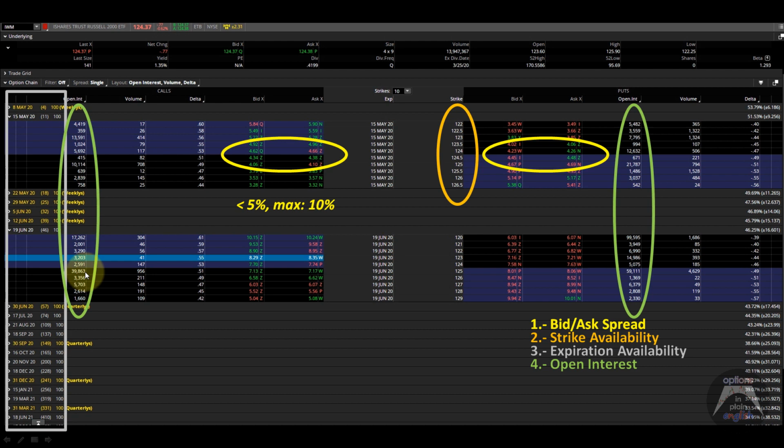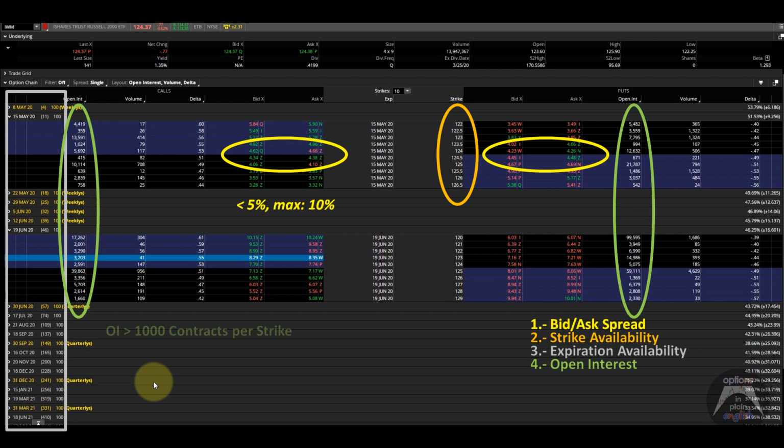I believe it is updated once a day, so by tomorrow you will have the new open interest number. What you want is to see healthy interest in this particular contract, because that represents the potential number of buyers and sellers when you want to get out, adjust, or roll your position.